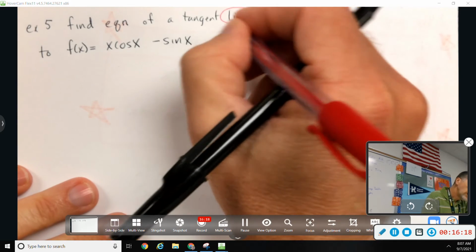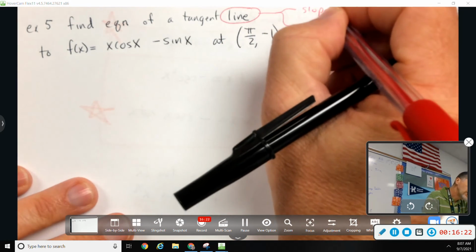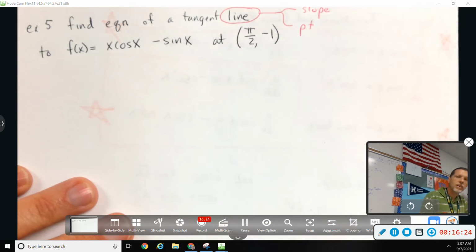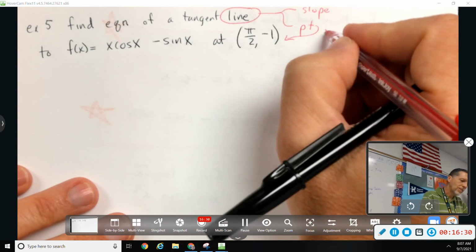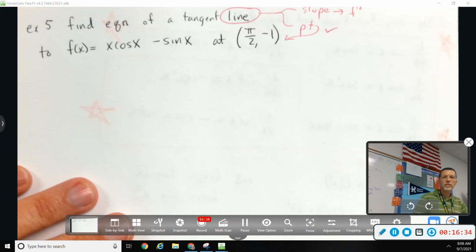So anytime I'm asked for a line, I need to find the slope and a point. And then I'll write point slope form. Well, I've got the point, so that's a check. And the slope I'll get from the derivative.